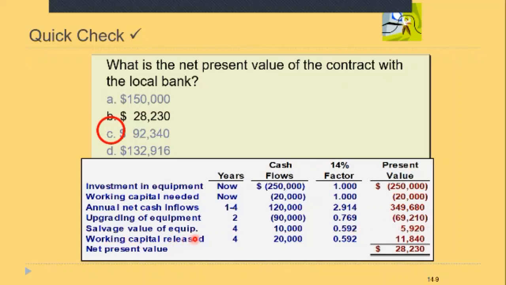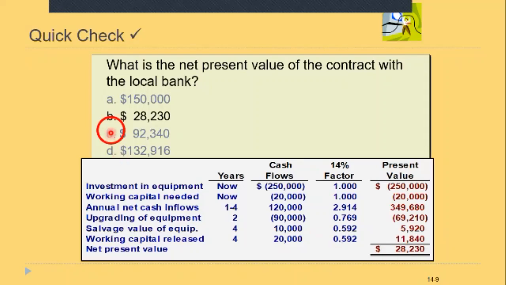The working capital release, 20,000, we get 0.592 as the year 4 factor. Taken from tables, multiply them out, we get these two. The net present value, when we add down this column here, is positive.